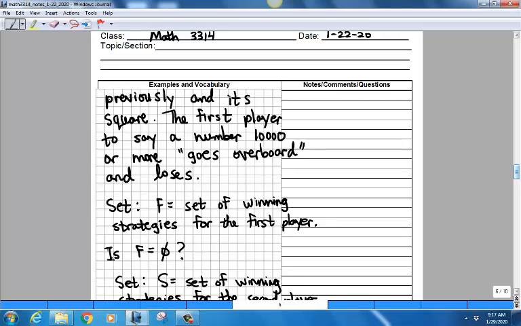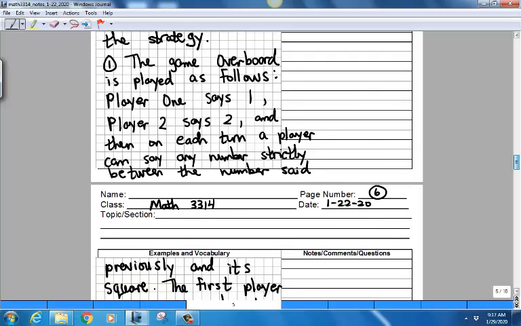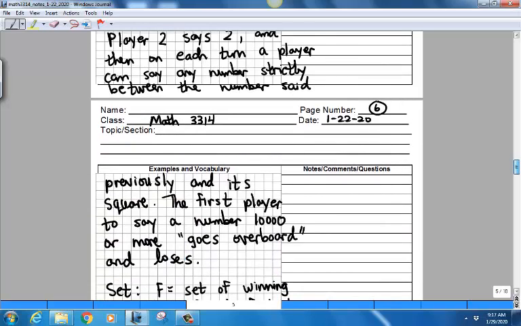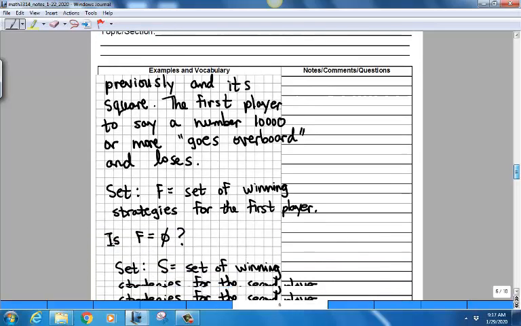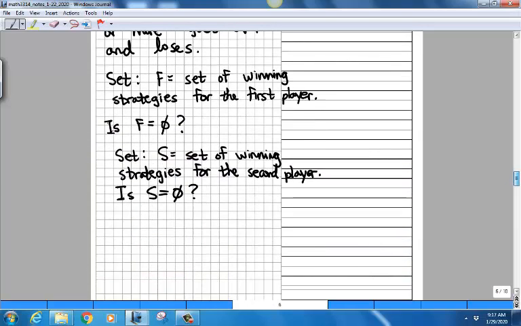So what we're usually interested in determining here is, the game has to terminate, so it has to have a winner and a loser.